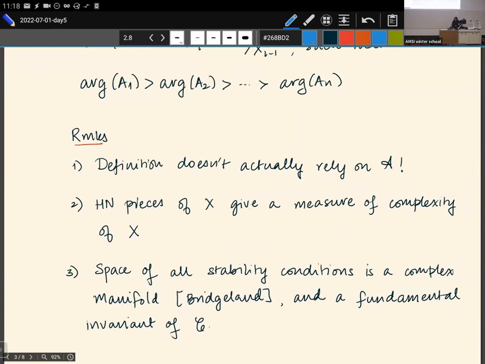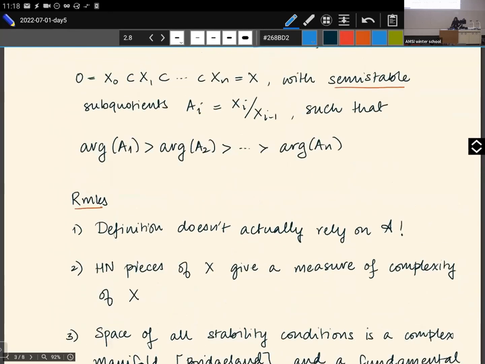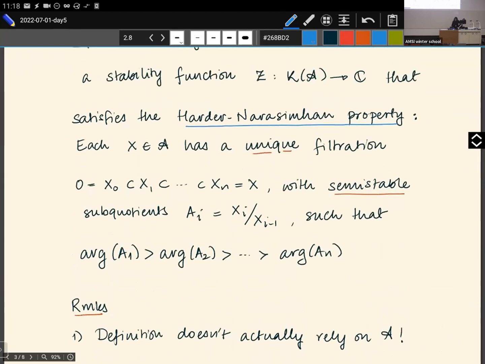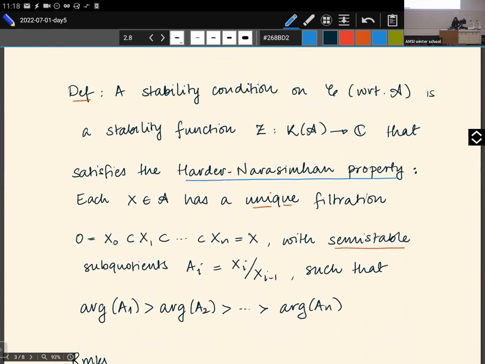There's a couple of things to say. I've said that every object X inside of my abelian category acquires a unique filtration with certain semi-stable subquotients. Now, I'm really interested in objects of C. So how can I deal with objects of C?